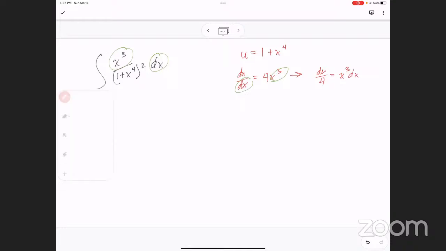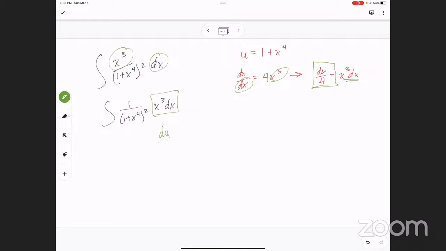Got it? So when I rewrite this, I'm going to rewrite this as 1 over 1 plus x to the 4th, squared. And then I'm going to write x cubed dx next to it, just rearranging it a little bit so it's easier to see that that is going to plug in right there. You understand how I did that? Yeah.